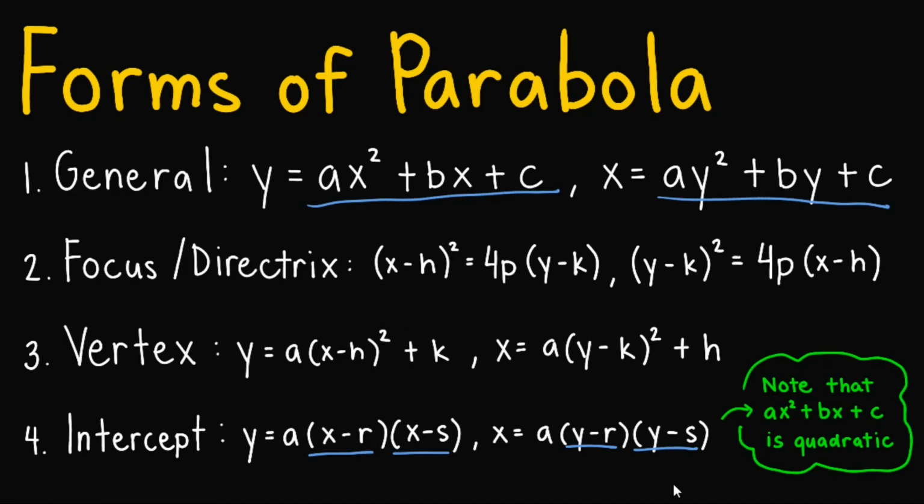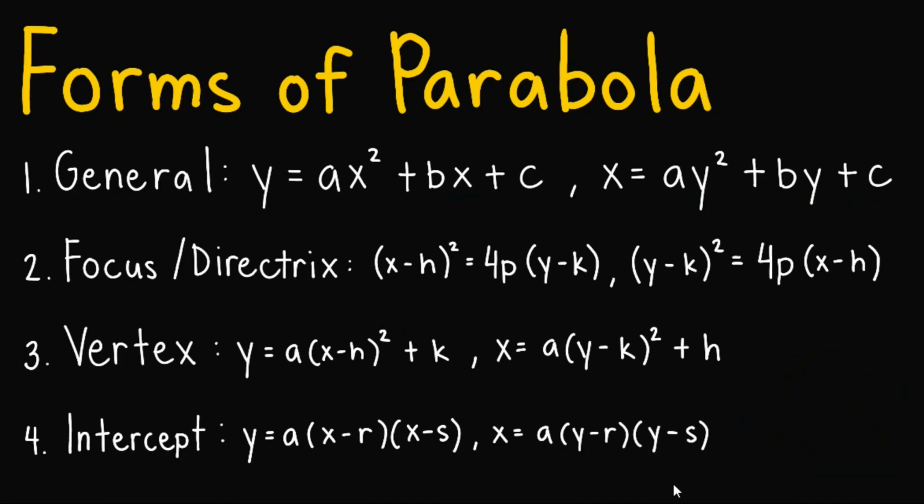And so, these are the four forms of the parabola: the general form, the focus or directrix form, the vertex form, and the intercept form. I hope that given this, there won't be any confusion anymore on what the form of the parabola is.